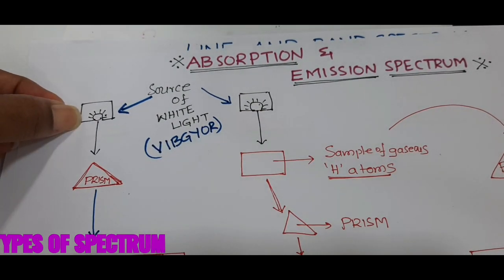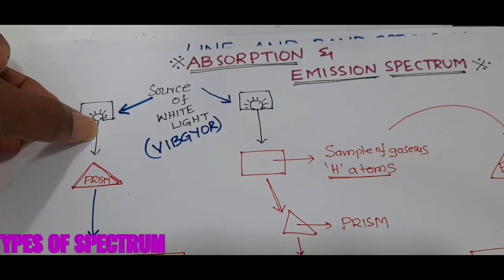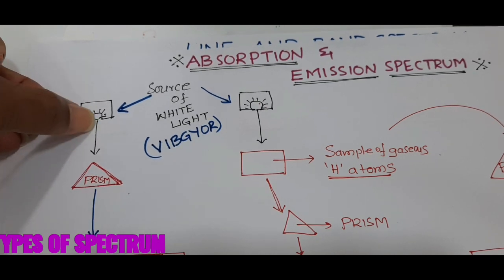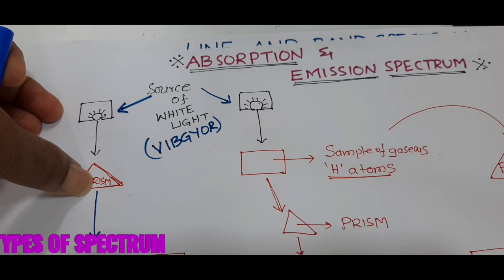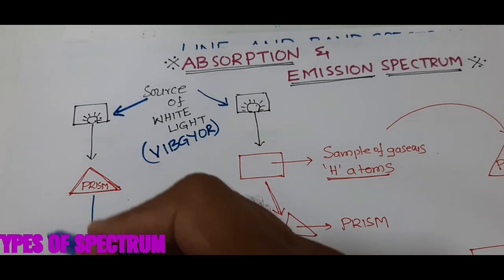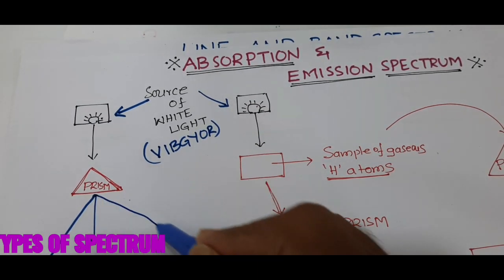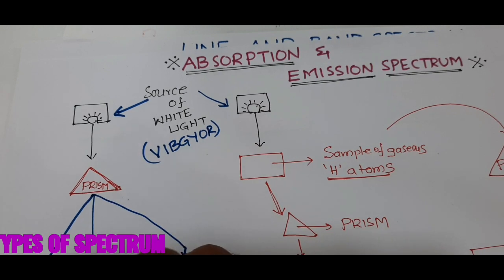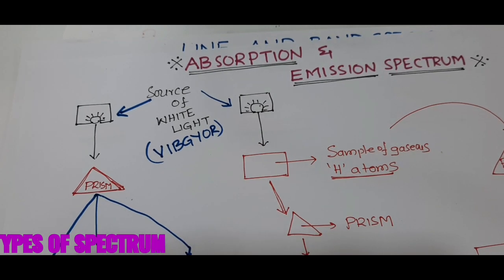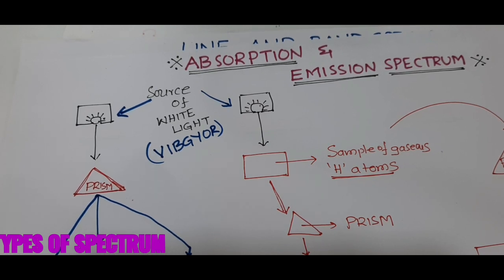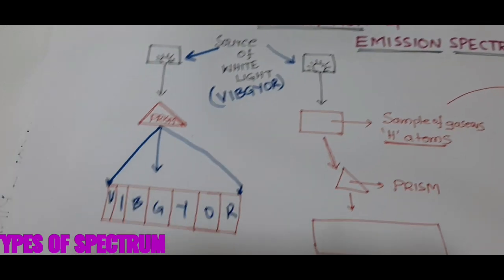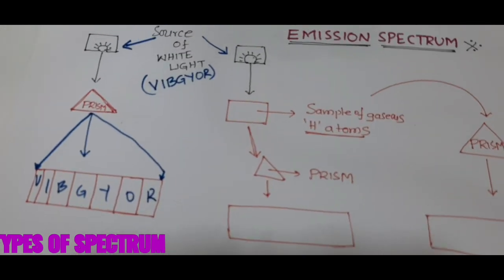From this source, the white light is transmitted and passed through the prism. Here it undergoes dispersion and all these radiations are arranged in the increasing or decreasing order of their wavelength. For convenience I am writing VIBGYOR. It is an example of a continuous spectrum.